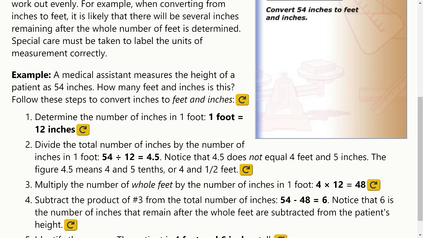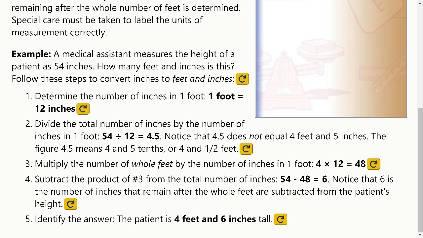Notice that 6 is the number of inches that remain after the whole feet are subtracted. So your patient is going to be 4 feet and 6 inches. So that's how they give you inches and then they want to know how tall the patient is. If you don't know what the conversion is, that's how you'll figure it out.